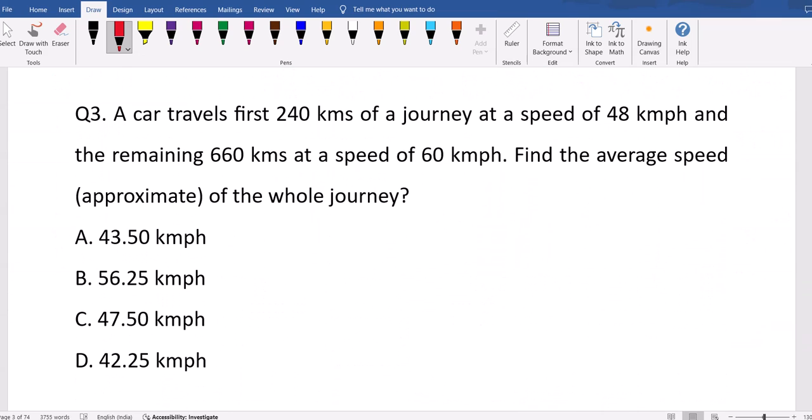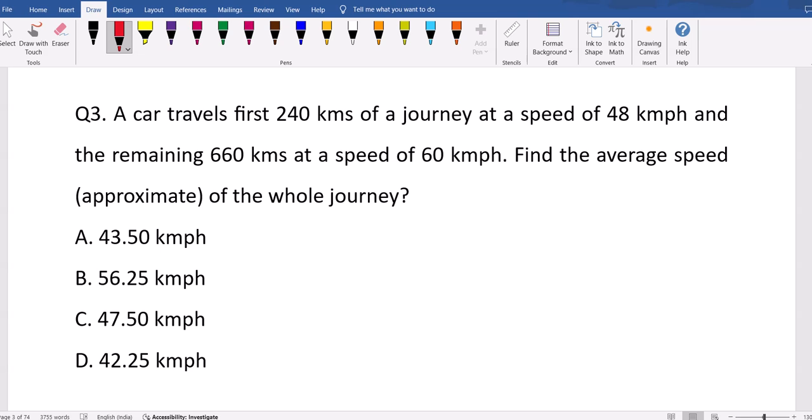Time and distance. 240 kilometers you traveled at a speed of 48 kilometer per hour, remaining 660 at a speed of 60 kilometer per hour. Approximate options are far enough, 42 point something, 47 point something, you can do it easily.